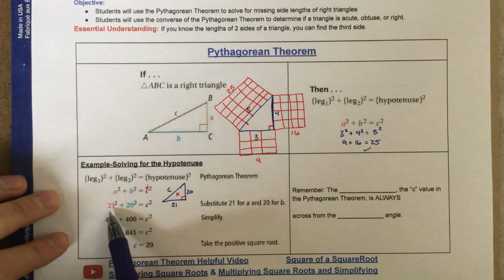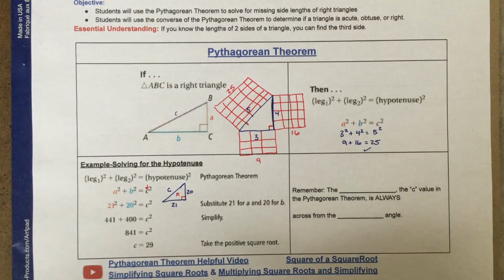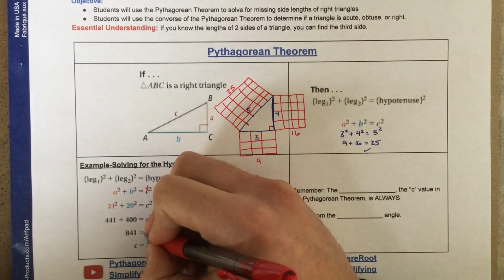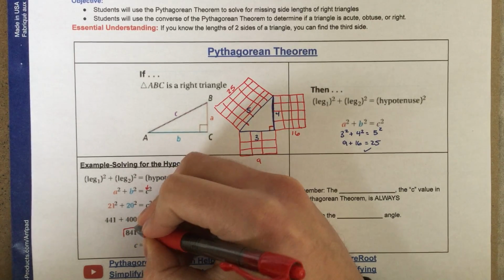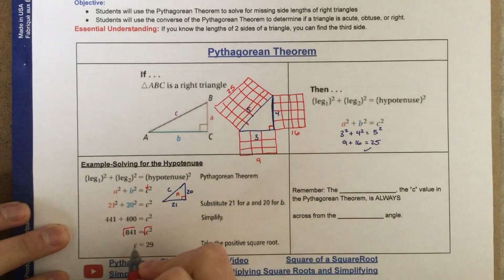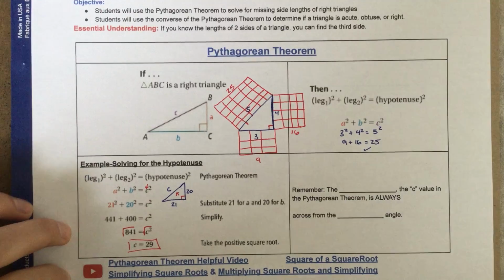So when I put that into a calculator, I get 21 squared, which is 441, and 20 squared, which is 400. Add them together. And then I'm going to take the square root of both those numbers. When you take the square root of 841, you get 29.